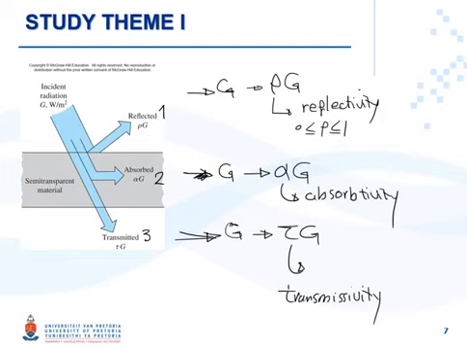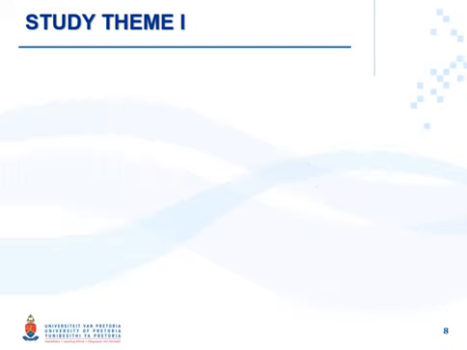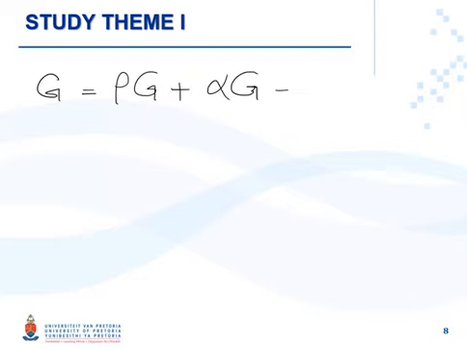Okay. So we said that when irradiation G strikes, it will be either reflected or absorbed or transmitted.